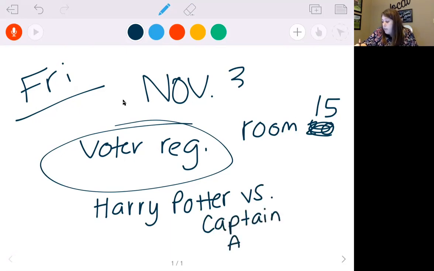We're not going to vote for the actual presidential candidates because it can get a little hairy sometimes with people's opinions. So we're going to keep it a book character and a movie character. I think Harry Potter versus Captain America might be a tough choice for some people.